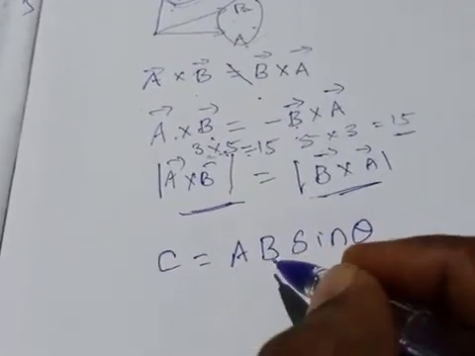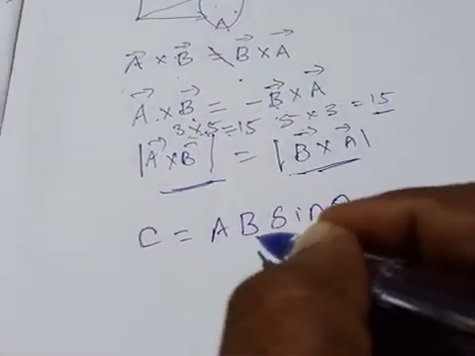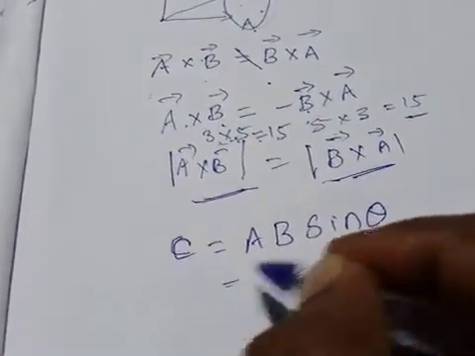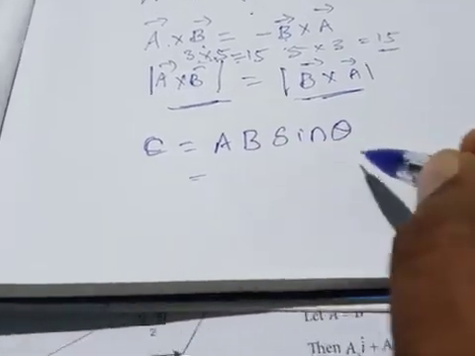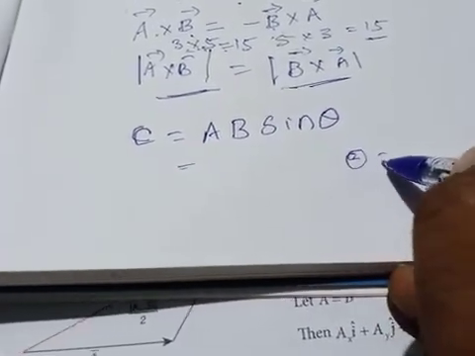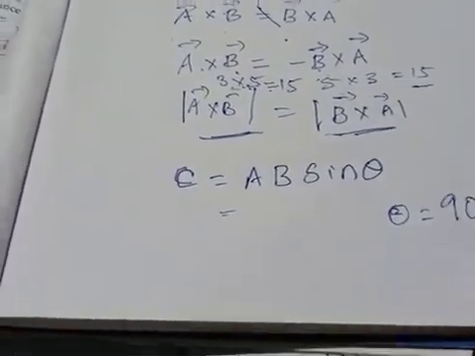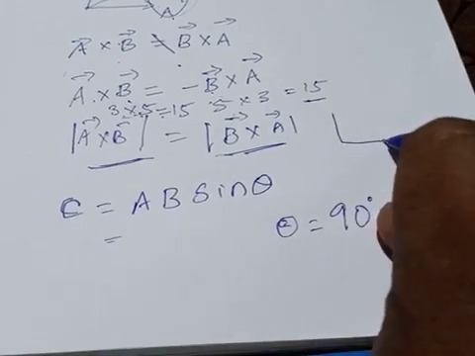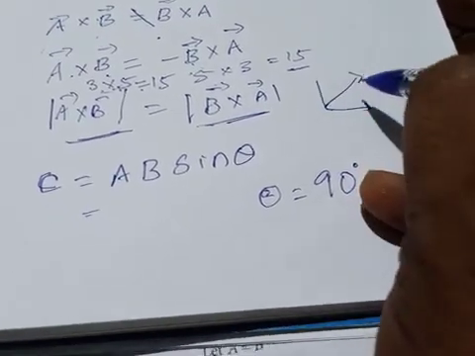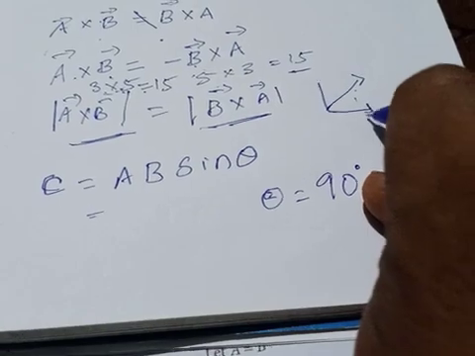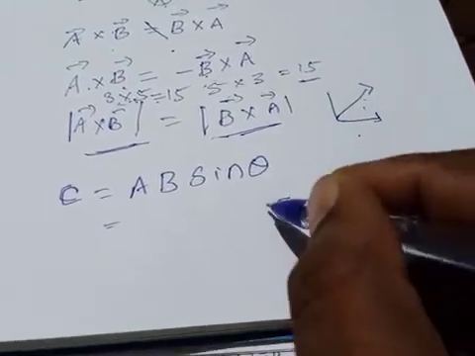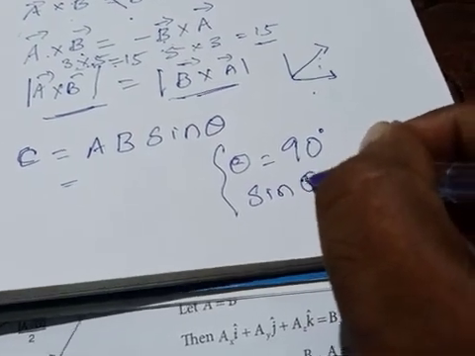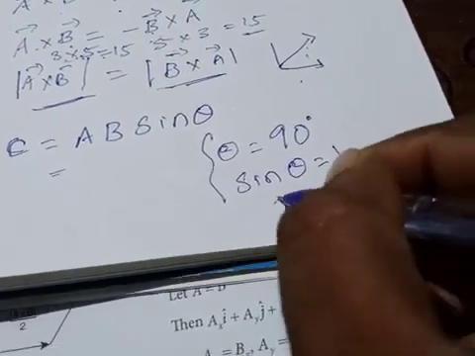So the vector product of these two vectors will have a maximum value when theta is 90 degrees.